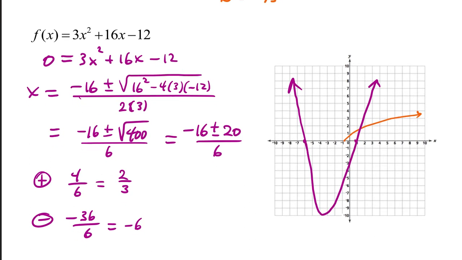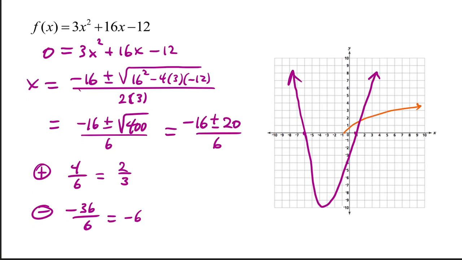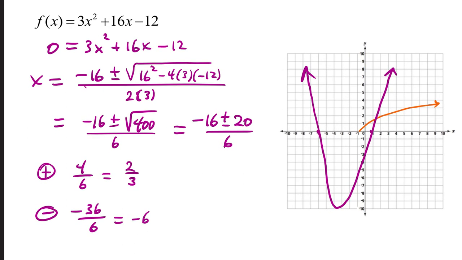Our second function, f of x equals 3x squared plus 16x minus 12. This one's actually factorable, but we went ahead just for extra practice in class and calculated its zeros using the quadratic formula.